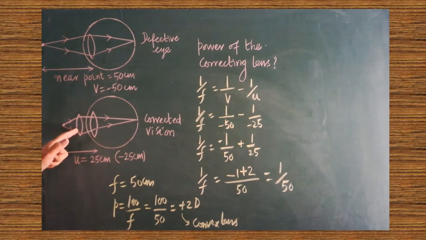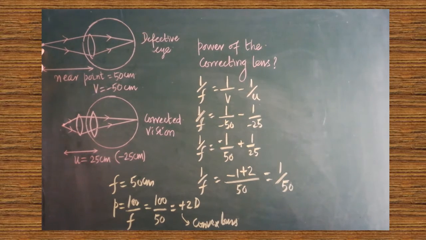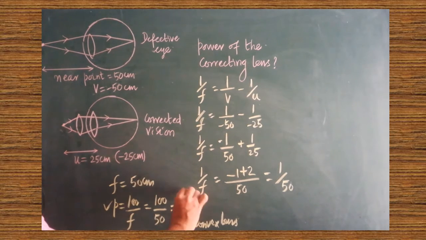After wearing the convex lens of power plus 2 diopter, he need not keep the object at 50 centimeter. Instead, he is able to bring the object from 50 centimeter to 25 centimeter. Automatically the vision will be clear and he is able to see the object very clearly. So the power of the correcting lens is plus 2 diopter. Okay, make a note.